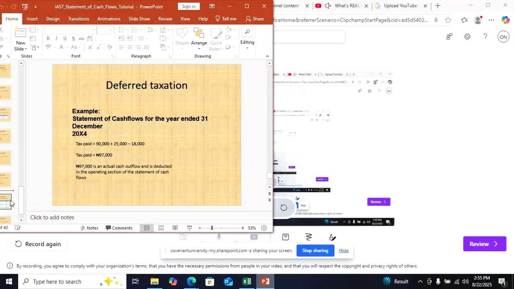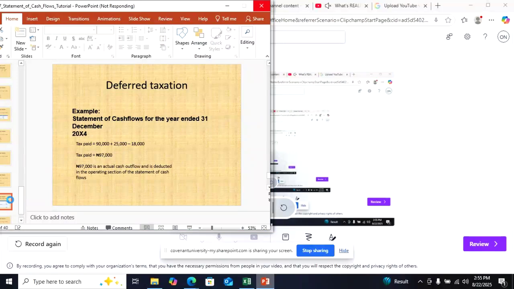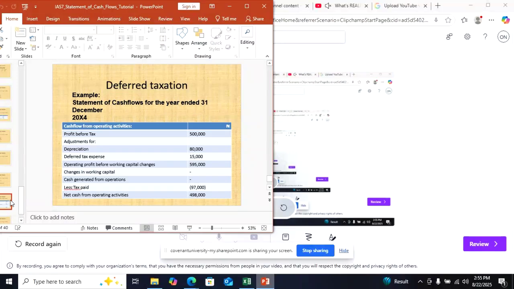Therefore, the actual statement of cash flows is presented as follows, where we have profit before tax 500,000, we have depreciation 80,000, we have deferred tax expense 15,000, we have operating profit before working capital changes of 595,000 naira. We don't have any changes in working capital given to us in this question.